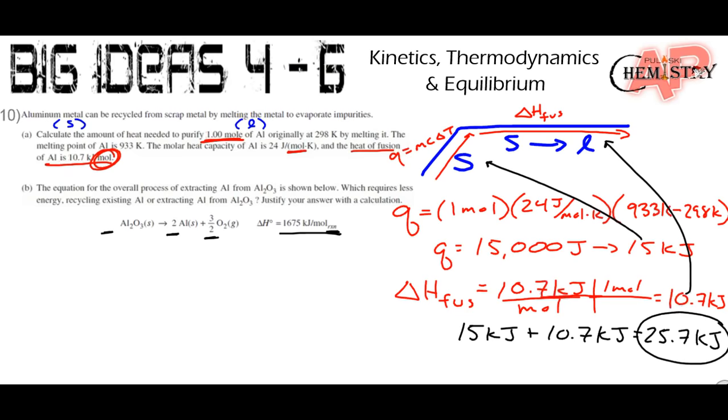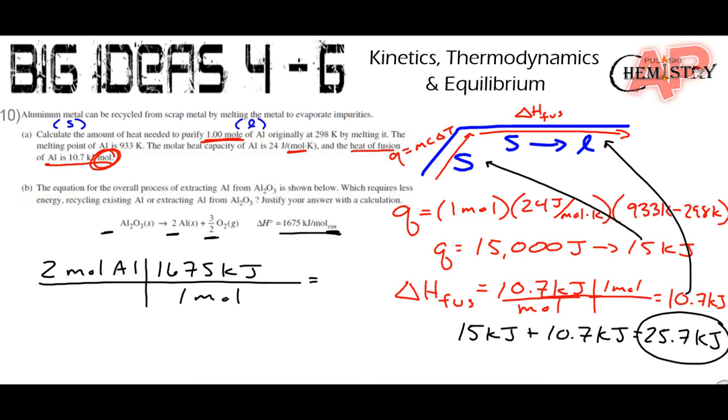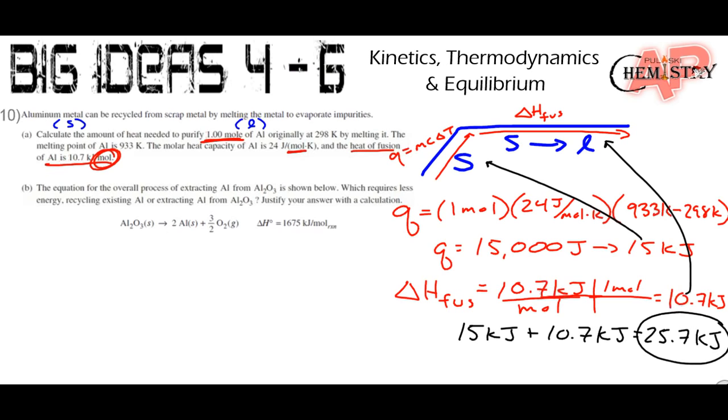And what are we talking about? We're talking about aluminum. So what I have here is 2 moles of aluminum. And what it's saying is that 2 moles reflects the fact that it takes 1675 kilojoules per 1 mole of this reaction. So we need to utilize our information here, and I have 1675 kilojoules per mole of a reaction, of one reaction.